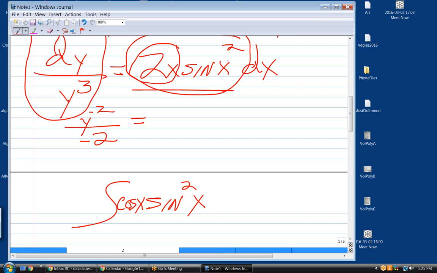Well, that's the derivative of the inside. That's what you're always looking for. When you have a composite function, you're looking for the multiplier to be the derivative of the inside, and if it is, you can just use the power rule on this thing. But let's go through the U substitution part.